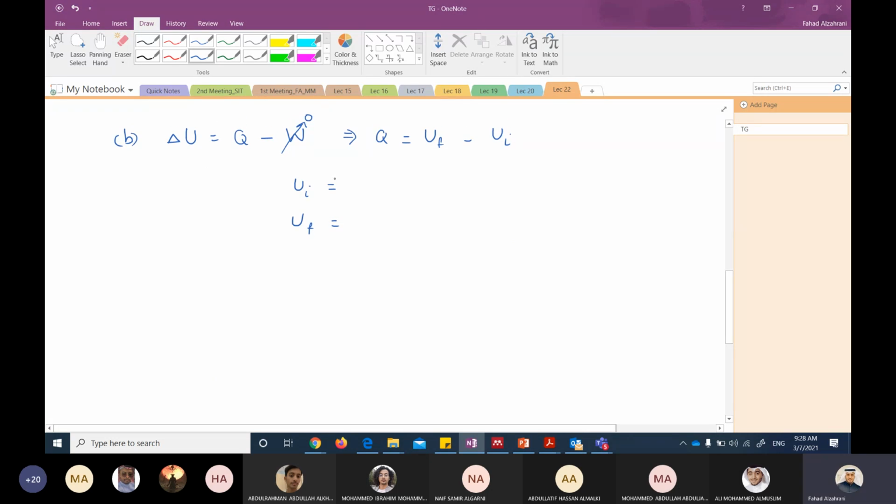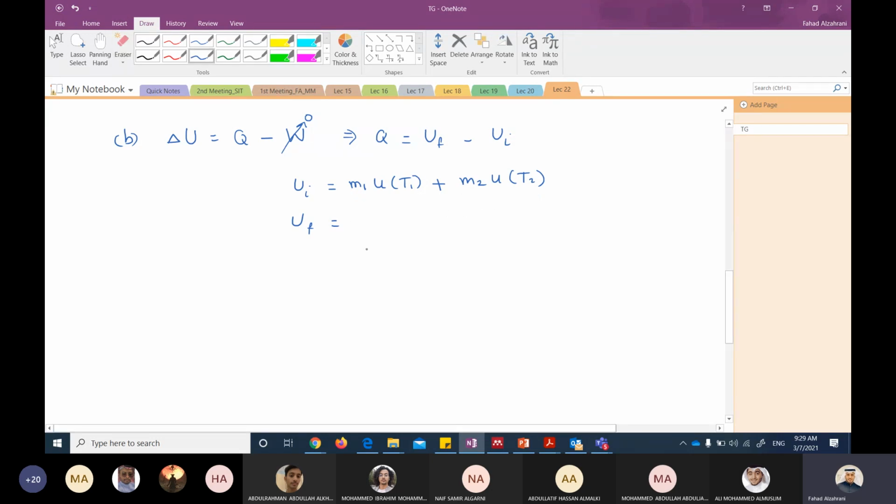The initial internal energy is for each tank separately, so it's M1 U at T1 plus M2 U at T2. This is the internal energy for the first tank plus the internal energy for the second tank, so this is for the whole system. But what about the final internal energy?